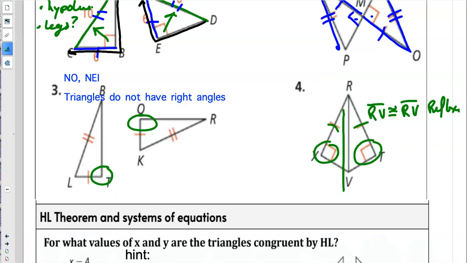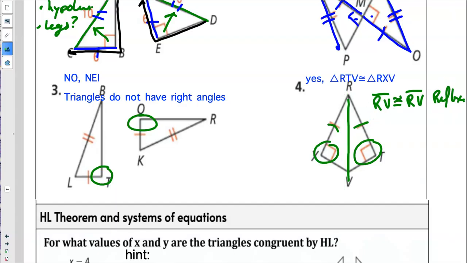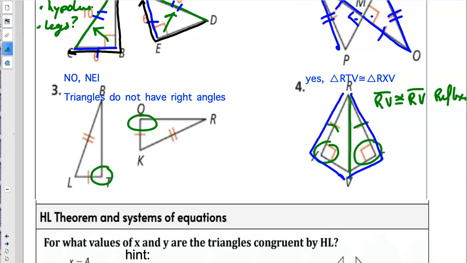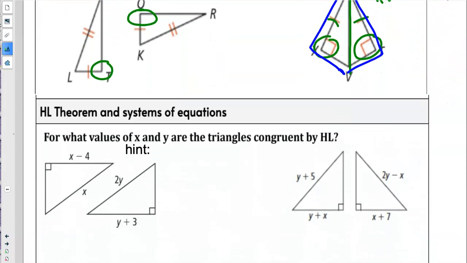So now I look at this and say, yes, triangle RTV is congruent to RXV, and I'm happy by HL congruence. Okay, that's the thing we're doing. We've got to go right angle, hypotenuse, leg. If I'm missing one of those things, I've got to find it. If I can find it using my brain with the stuff I know, great. But if I can't, I can't make it up, and I can't say it looks like it. I've got to have facts to back up my reasoning.